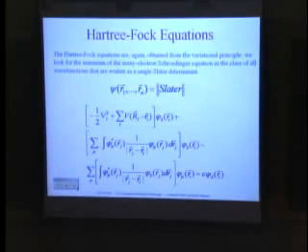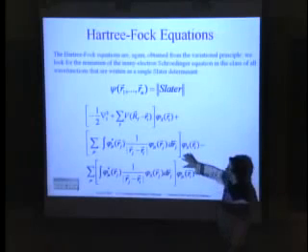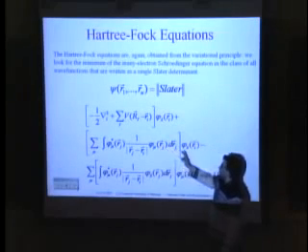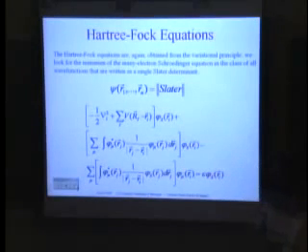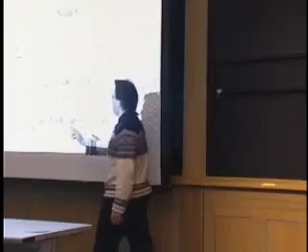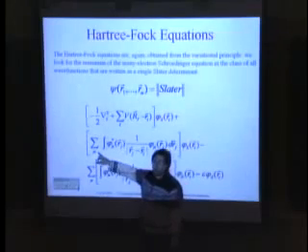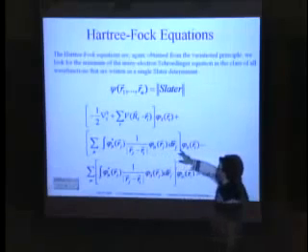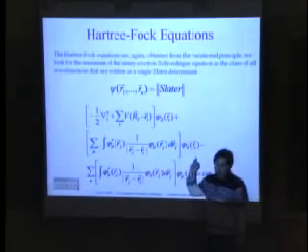There is another thing that actually the Hartree-Fock equation have a beauty in the fact that the operator acting on the single particle orbitals does not depend on which orbital you are looking at. Because here we have a sum over all the states. So this does not depend on which electron you are looking at.